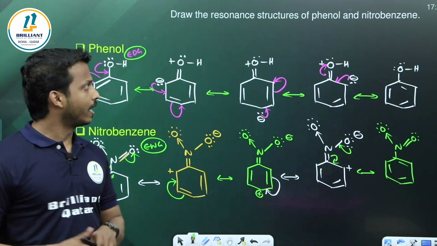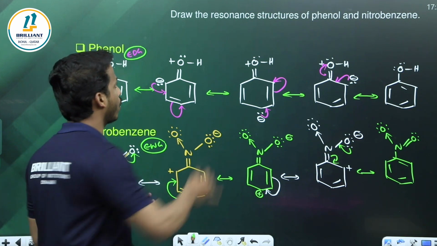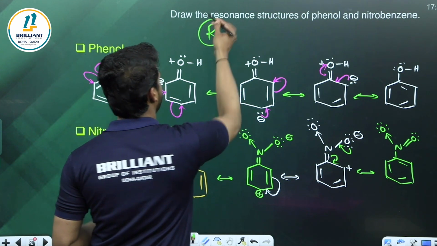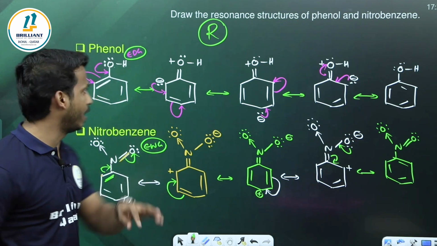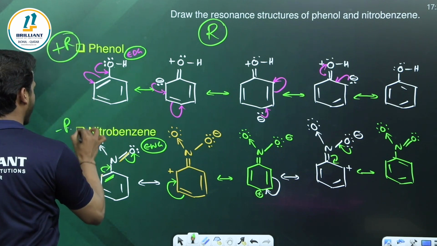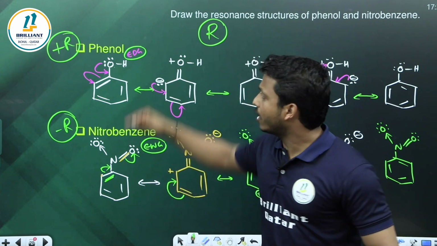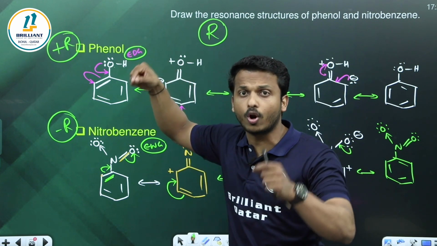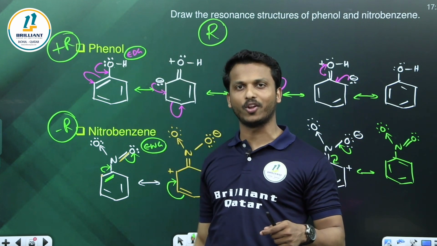One more thing, resonance effect is also called mesomeric effect, or resonance effect is also expressed by R effect. There are also 2 types of R effect, plus R and minus R. This is plus R effect, this is minus R effect. What is the difference between them? In plus R effect, electrons are donating, or electron movement is taking place towards the benzene ring because there is a donating group.